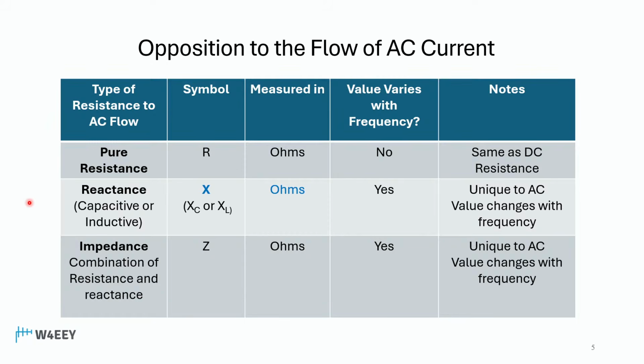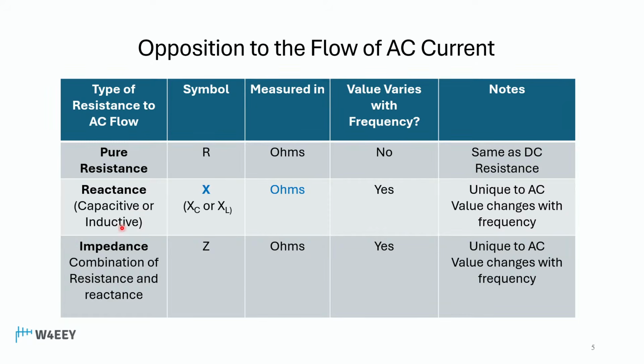Now the two new ones for tonight, for our chapter, reactance and impedance. Now reactance can be capacitive or inductive. We'll talk more about that. It's symbolized by the letter X. Capacitive reactance is X sub C. Inductive reactance is X sub L. It also is measured in ohms.